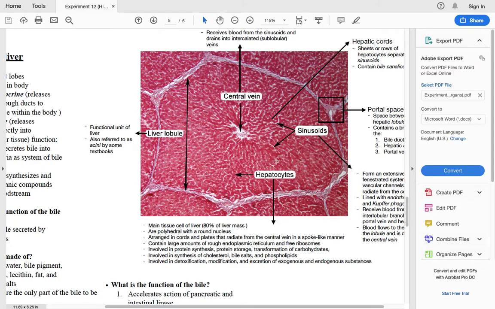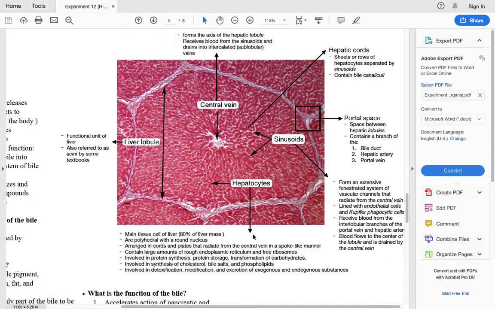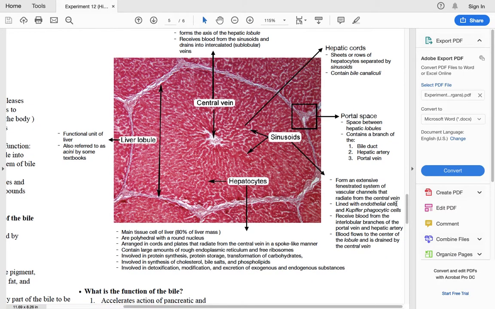What are the hepatocytes? Hepatocytes are also known as liver cells. Hepato or hepatic means to do with the liver, and cyte means cells. They are the main tissue cell of the liver. Other liver cells we talked about are the endothelial cells and the Kupffer phagocytic cells that line the sinusoids. They are polyhedral with a round nucleus.